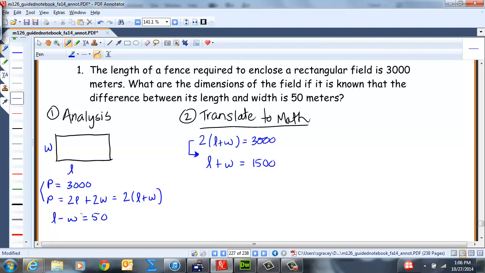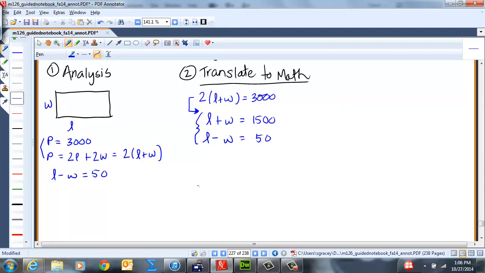And then we also have L minus W is 50. So this here is our system of equations. And solving, if we call this one A and this one B, so solve the system.